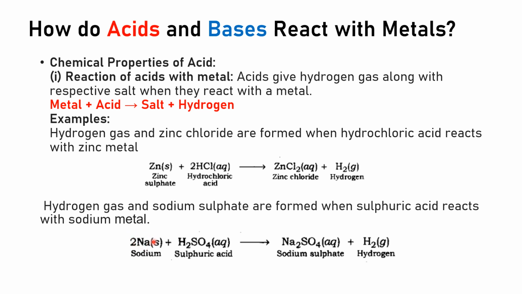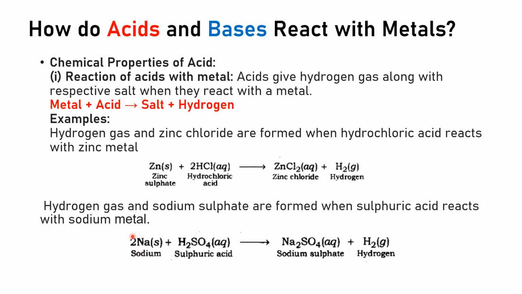Here I have taken another metal, sodium plus H2SO4, sulfuric acid. Sodium is a highly reactive metal. We have seen in the metal series that potassium was on top, then sodium next. If you remember, I have given you a mnemonic of the reactivity series. I want you to write it somewhere in your copy and go through it twice or thrice, not every day but once in a week.